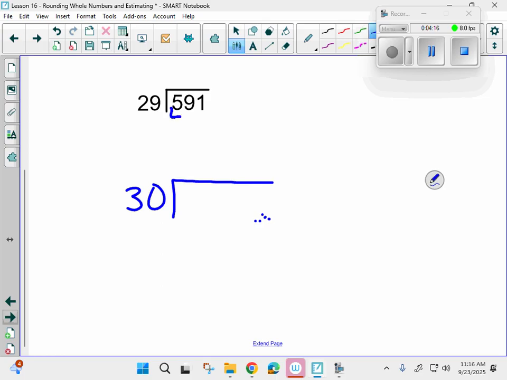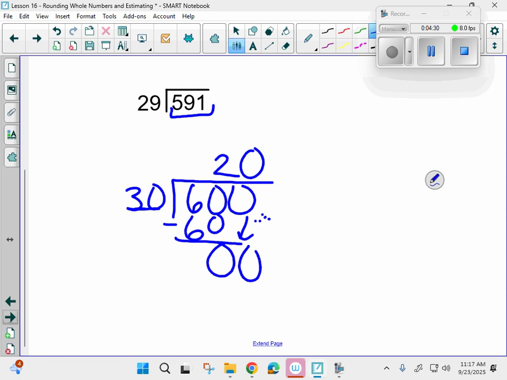I agree, 600. Okay. How many times does 30 go into 60? 2. And then you put another 0 here because you could subtract 60, you get 0, and then it's got to go into 0 times, so we get 20. Okay. Going to be way easier if you round.